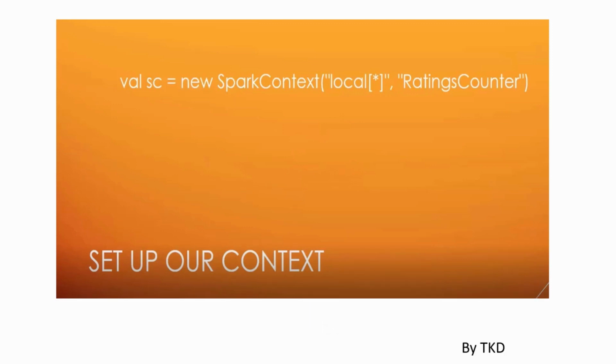We call it sc, an immutable value. And the local star in the code says that we are going to run this on our local machine, not on a cluster at all, but the star indicates that we can use all the cores of the CPU to distribute the work locally.